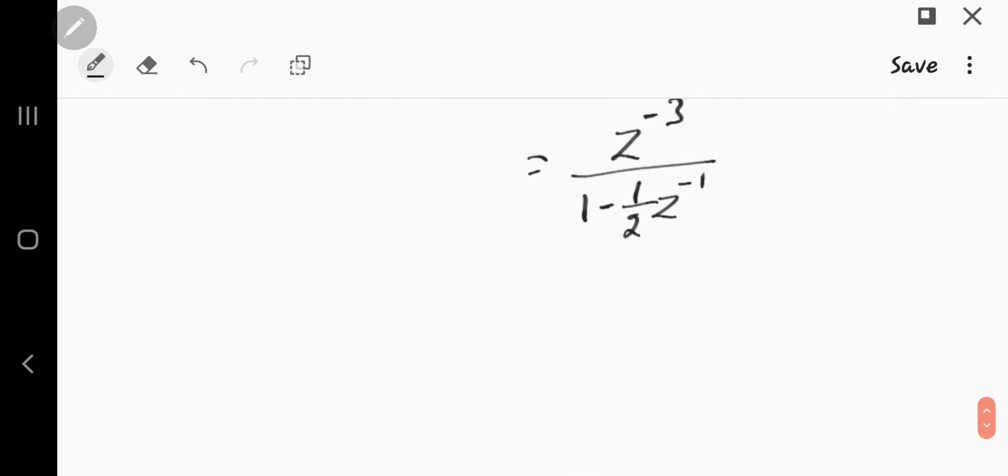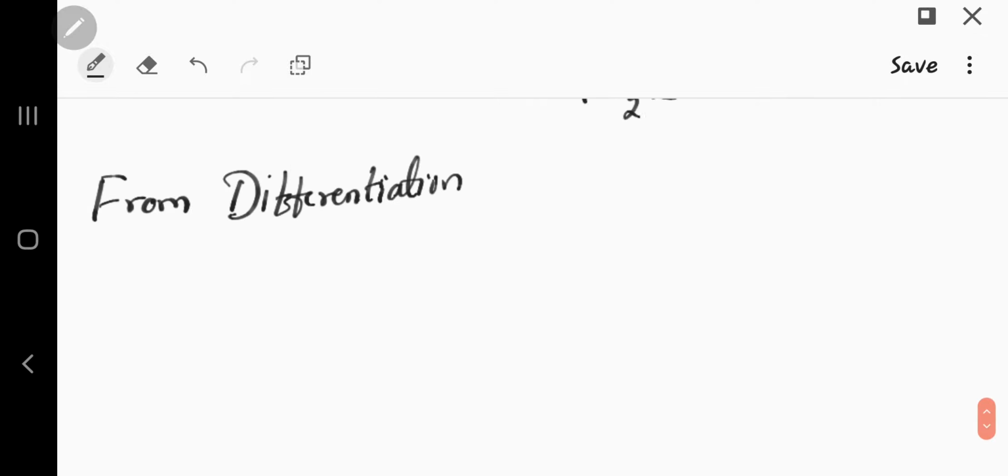If you observe, we have the differentiation property, which is the z transform of n into x of n. I'll write this from the differentiation property.